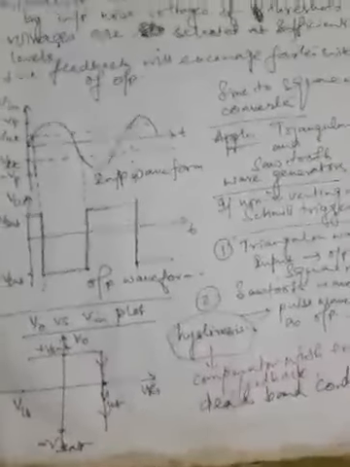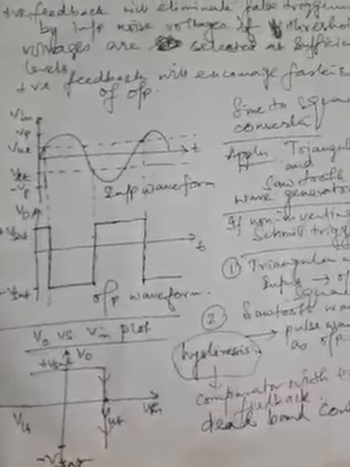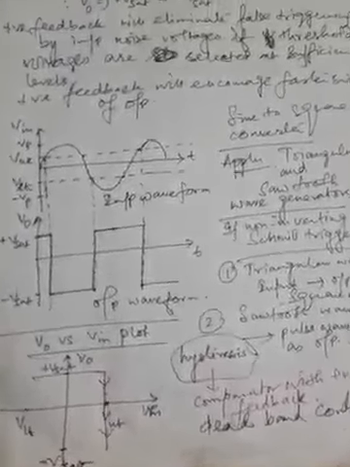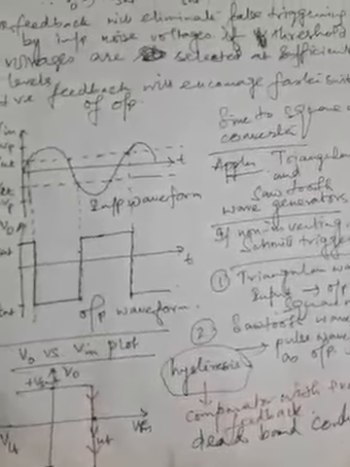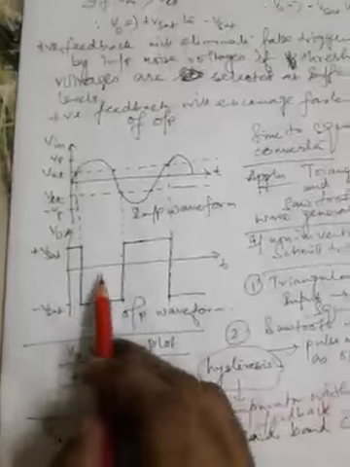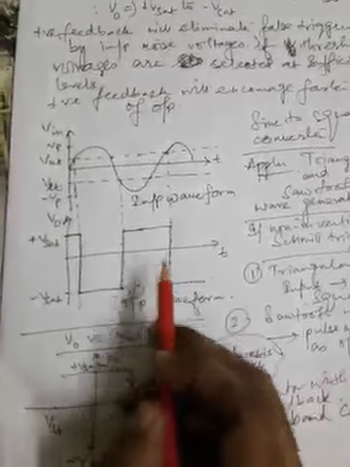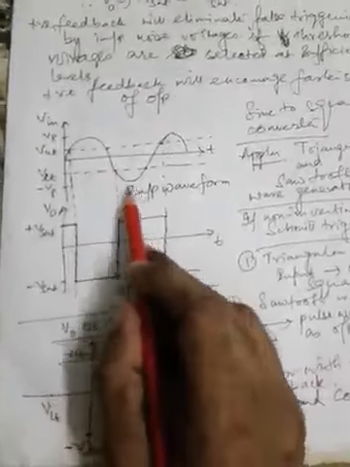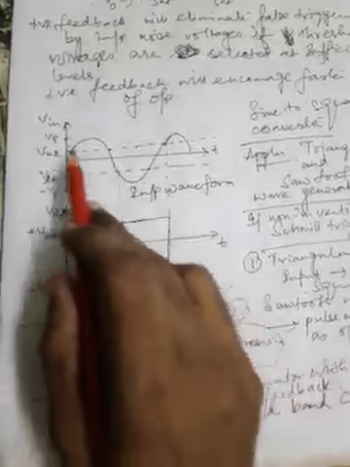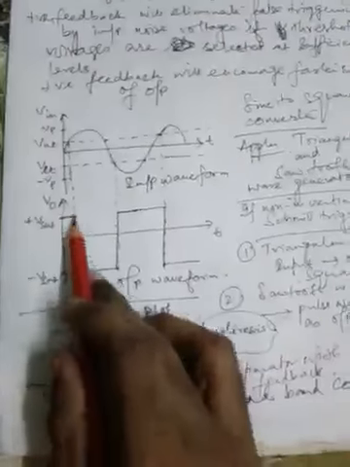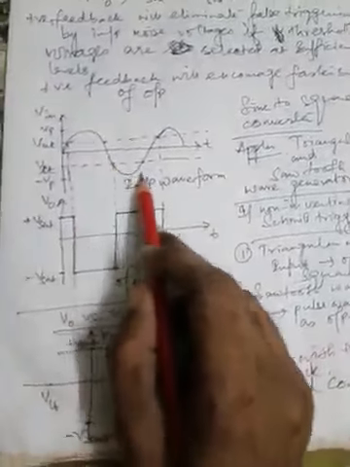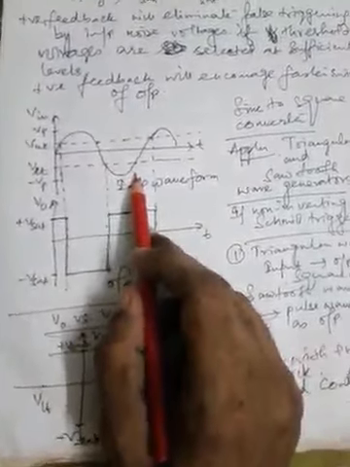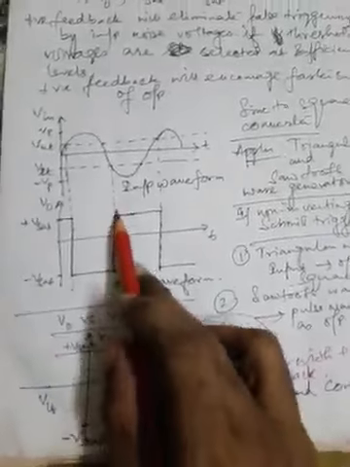Now it reverts back to its original state, that is positive saturation, when the input goes below the lower threshold voltage, as we have seen in this output waveform. When it goes above the upper threshold, the switching is plus Vsat to minus Vsat. But when it goes below the lower threshold voltage, the input voltage Vin, it is moving from minus Vsat to plus Vsat.